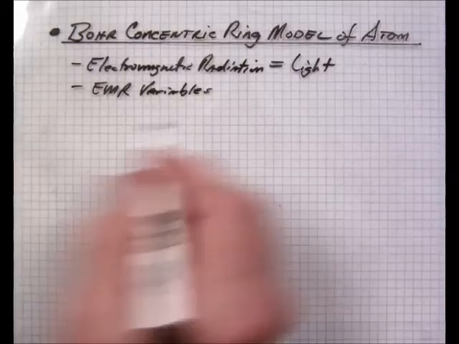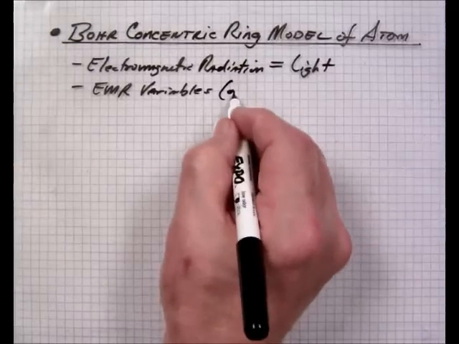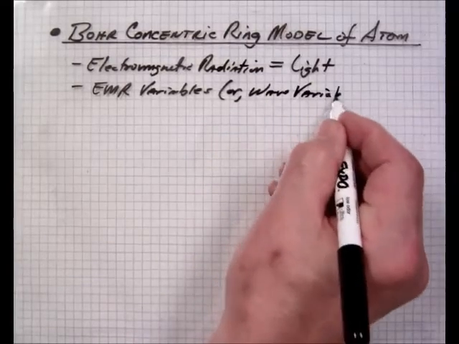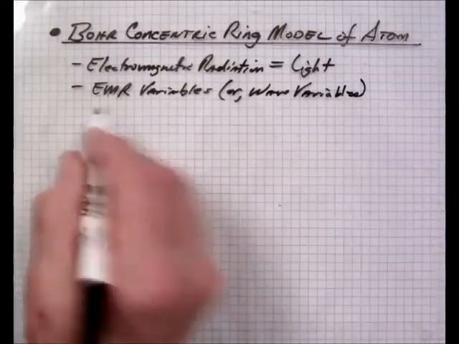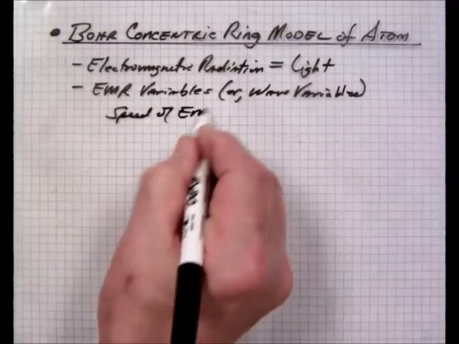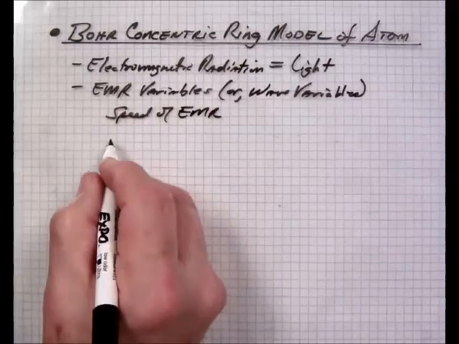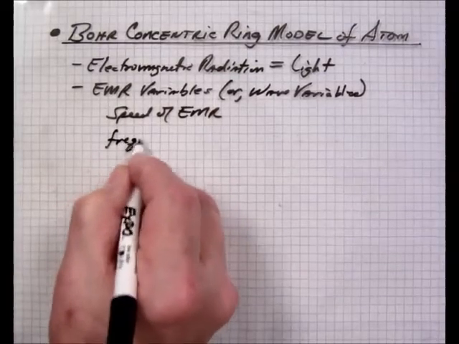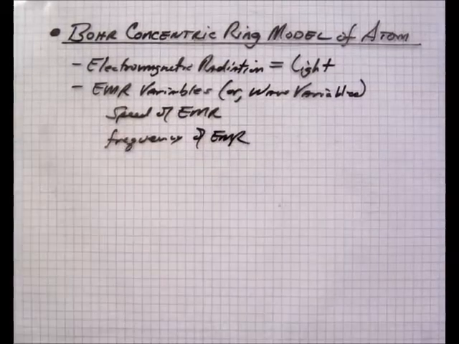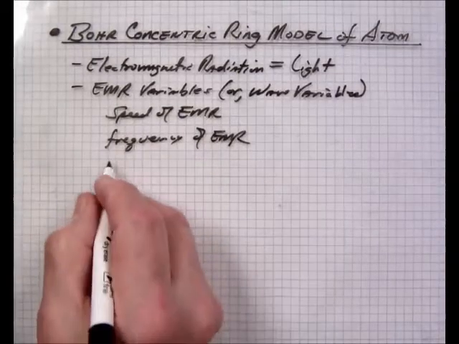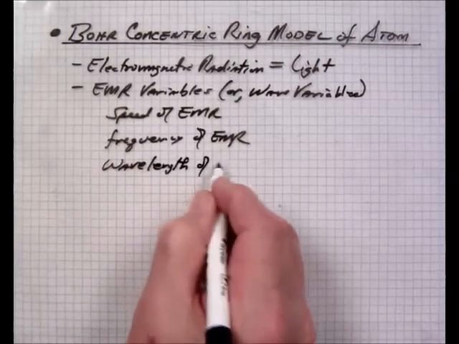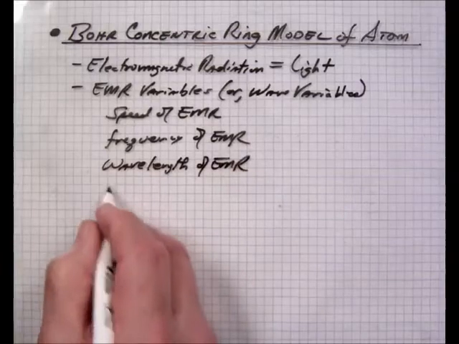And these are wave variables, and so wave variables are speed of EMR, frequency of EMR that we're talking about, and wavelength of EMR, and one more, energy content.